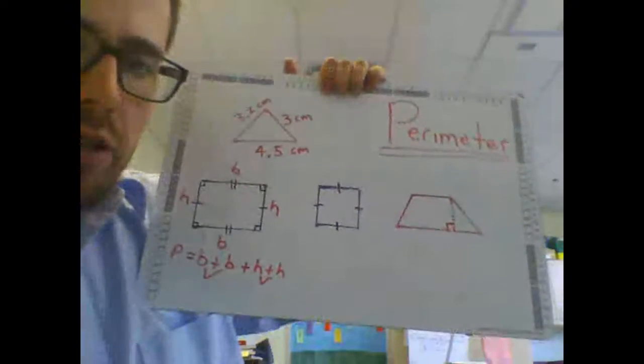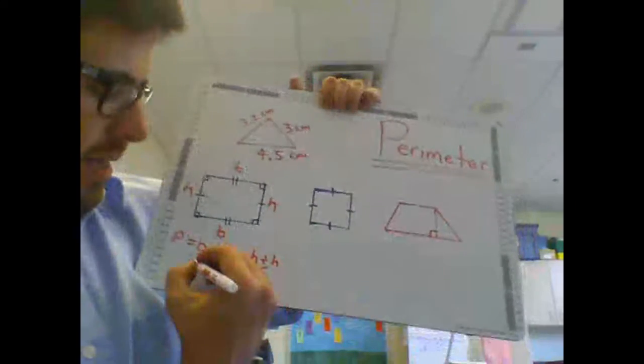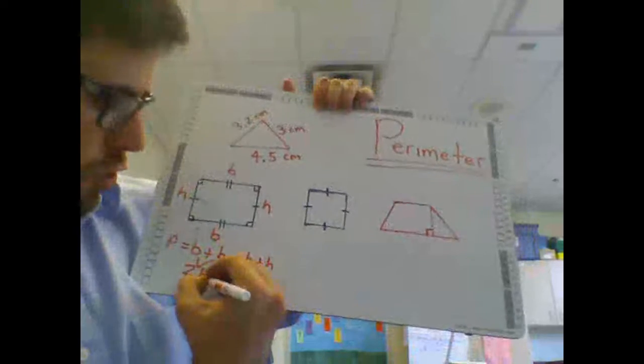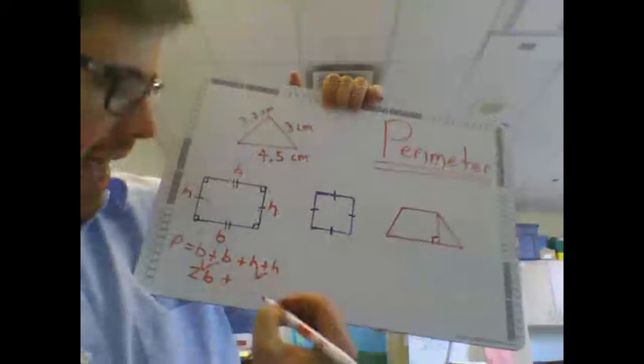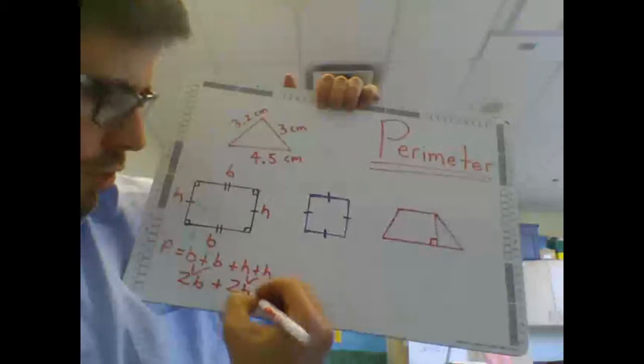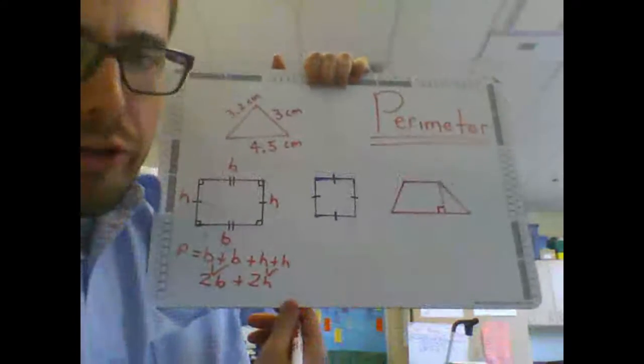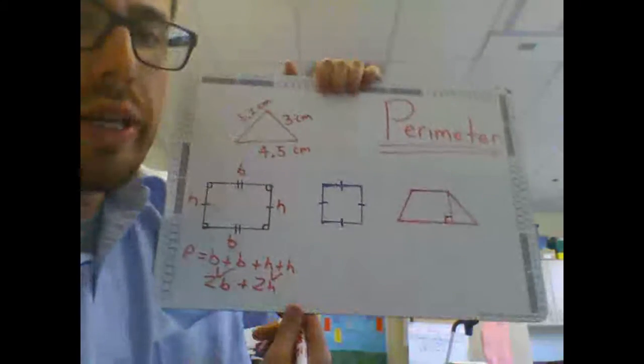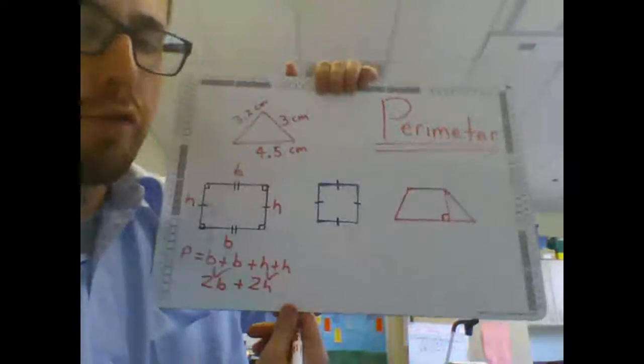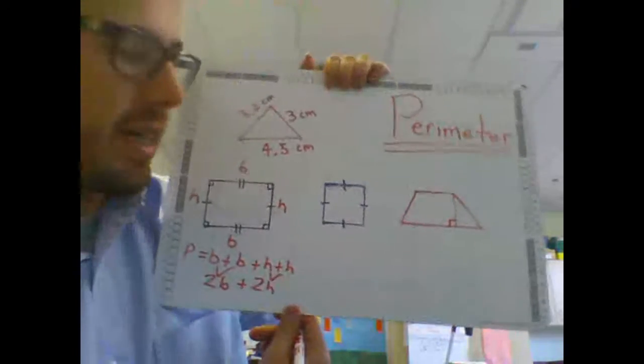So another way to write this is that we have two B's added to two H's. So those are two ways that we can show perimeter, the formula for perimeter for a rectangle.